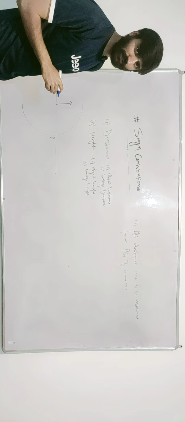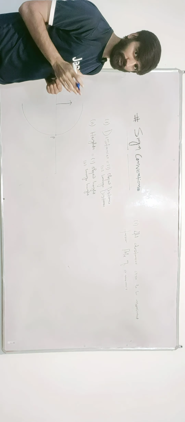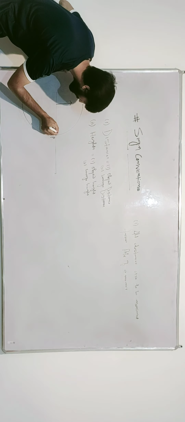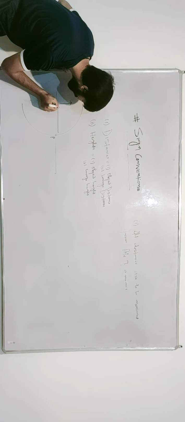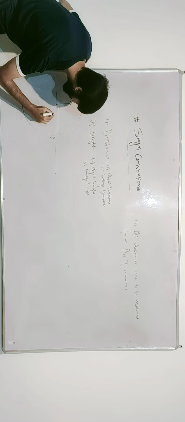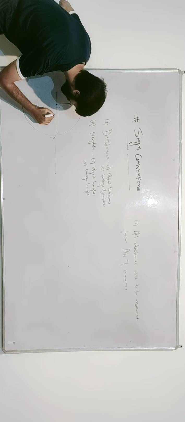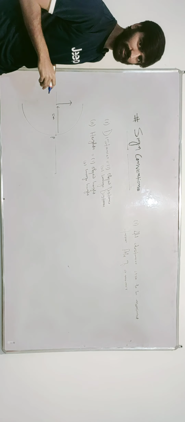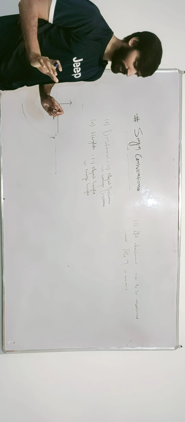We will measure it from the pole towards the object. For example, if this distance is equal to 5 meters, we have measured it from the pole towards the object.